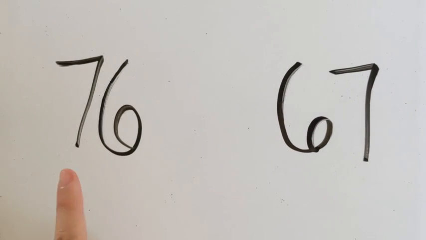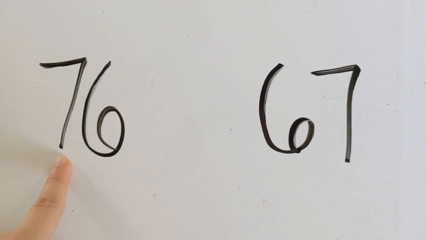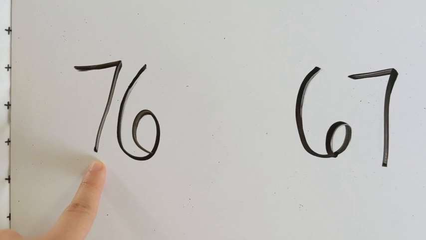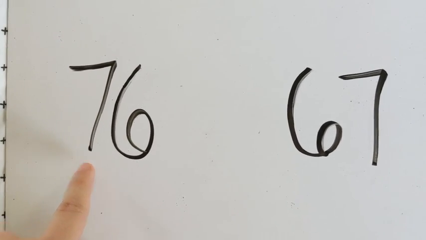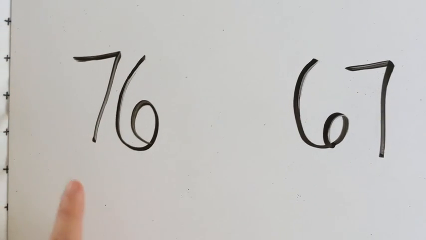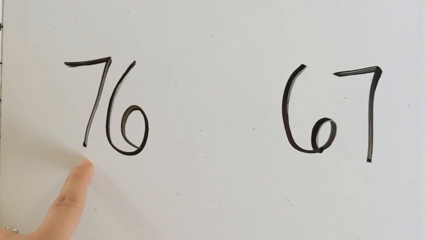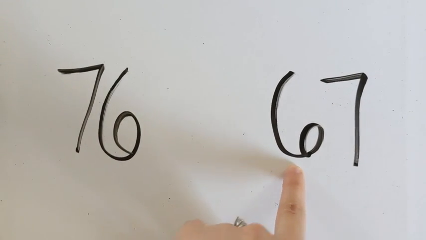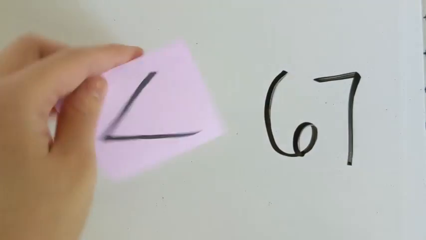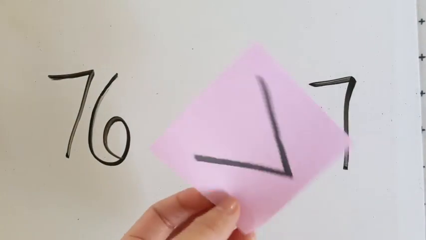Well, always trust the tens place because the extra 10 is a lot more than the ones in the ones place. So since this is 76 and this is only 67, I think this is greater.